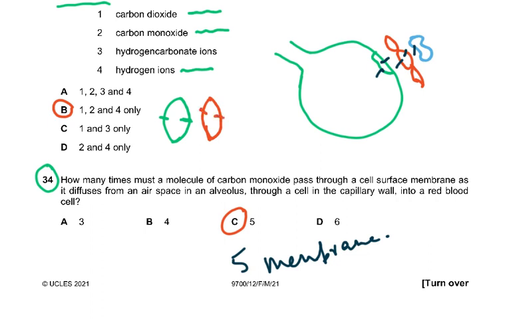So twice here. And then the red blood cell, so the fifth time. Of course, in the first two instances, the alveolar wall is one cell, but it has to enter the cell and then it has to exit the cell.